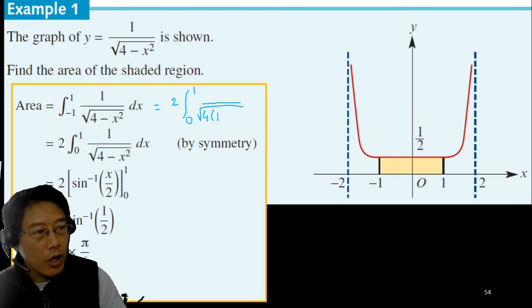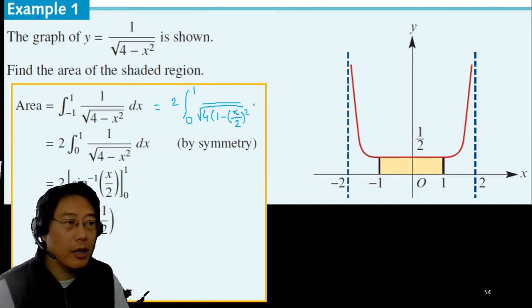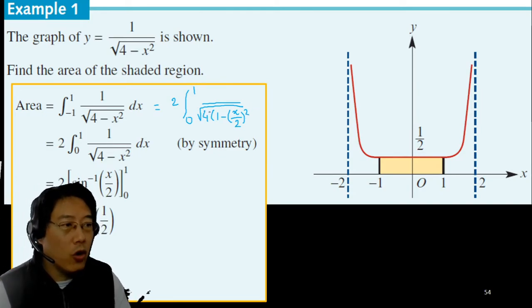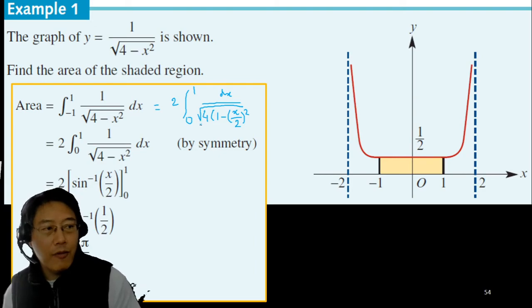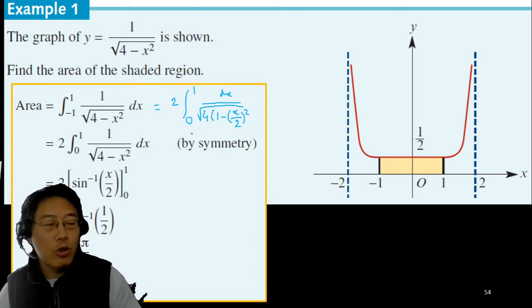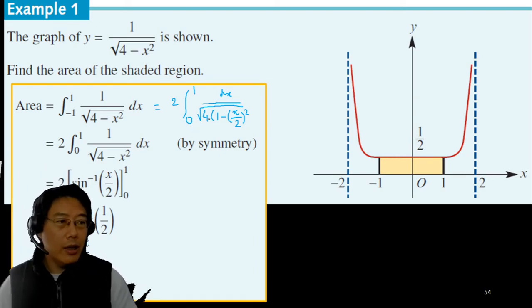That gives you 1 minus bracket, it's x squared over 4, but the 4 I can bring inside the bracket, that will be x over 2 squared. Okay, now that 4 we can, that's dx, 1 times dx. That 4 we take it, we factorize it, so the square root of 4 is a 2.